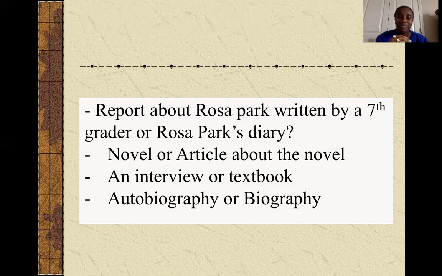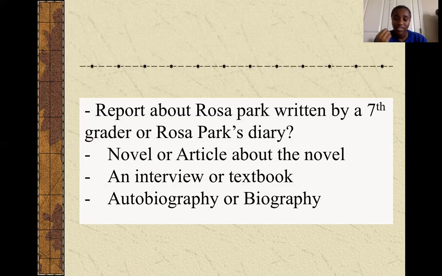So let's think about this. In a novel, it depends on if it's fiction or nonfiction, and fiction is real life. So let's say it's a real book, something that actually happened. So let's say it's a primary source about something.